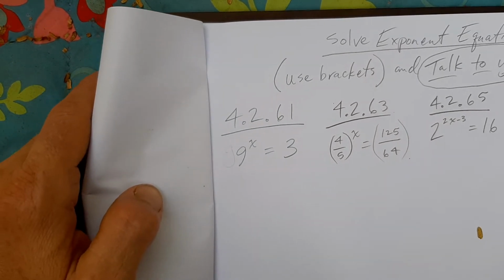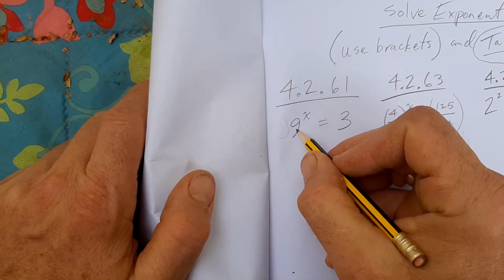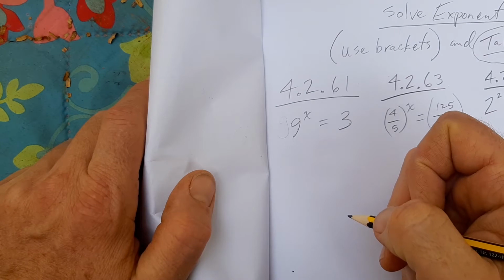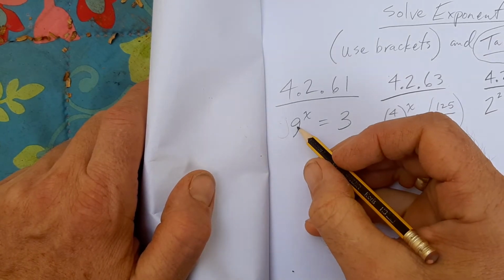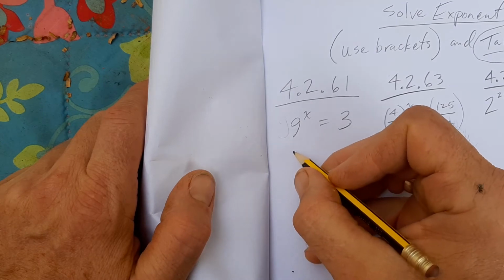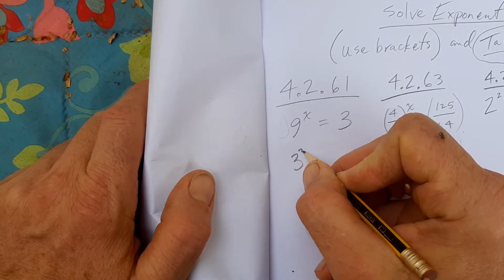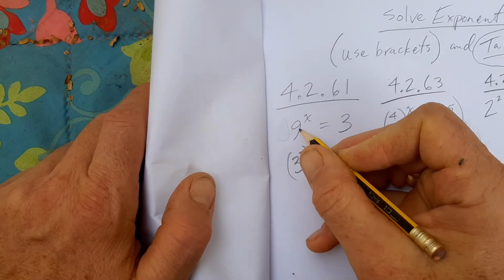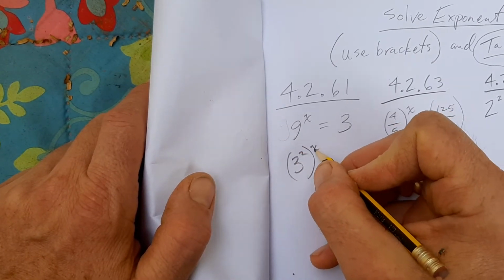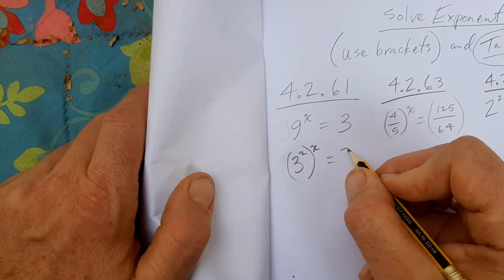So I want to get this base the same as this base, right? So I'm going to use my brackets. 9 is 3 squared. Put that in brackets. 9 to the x power equals 3.